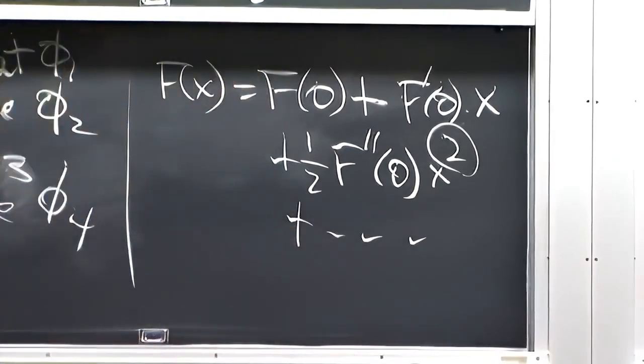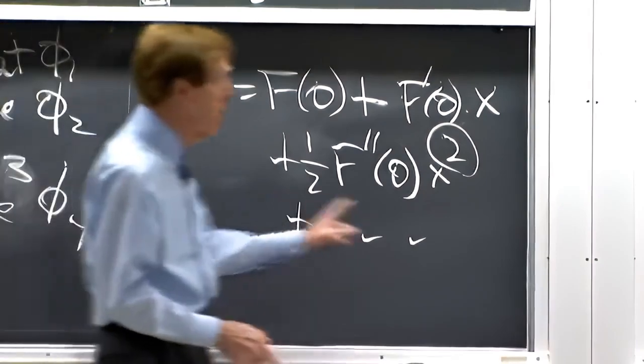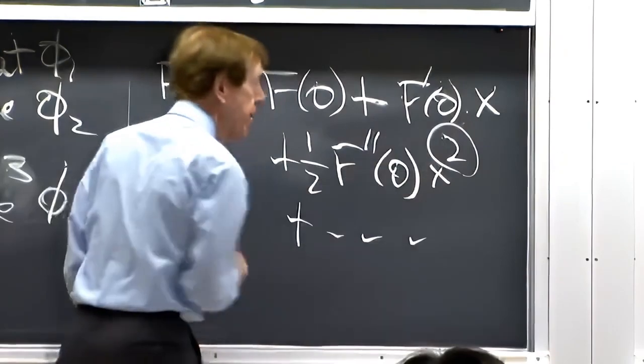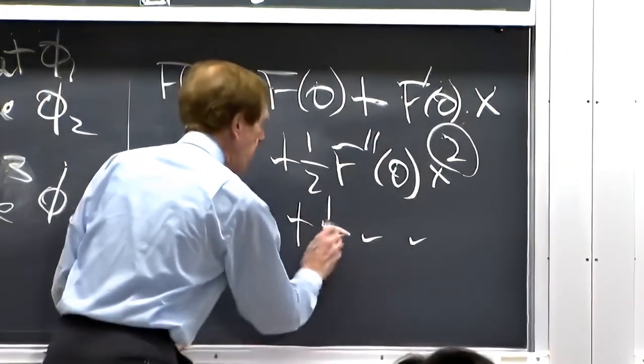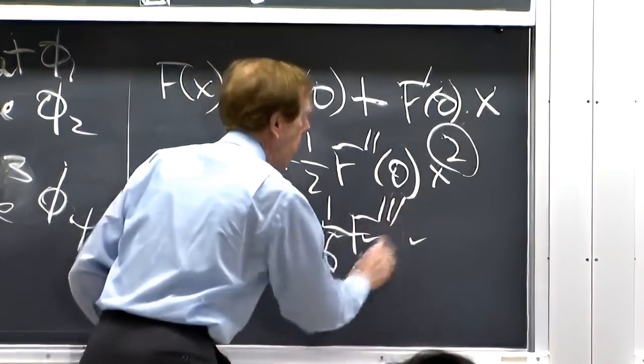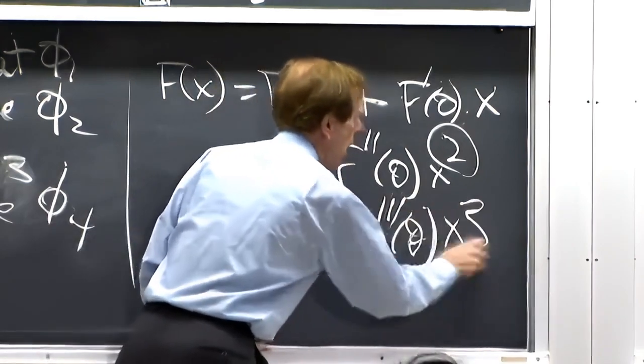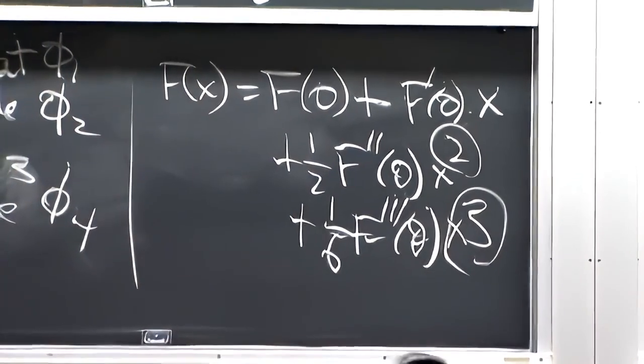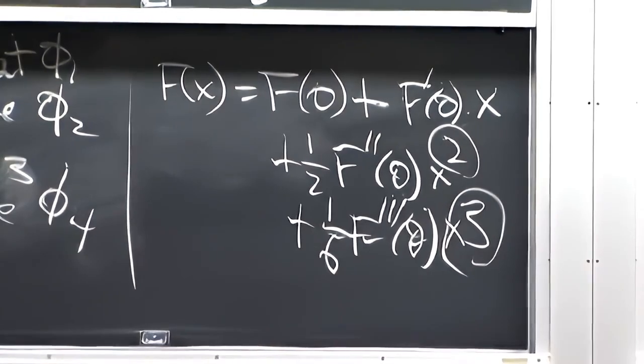I can't get a parabola. But when I include the x squareds, I can get that term right. So then it'll be the 1/6 f triple prime x cubed that I miss. So the error will be the next missing term.